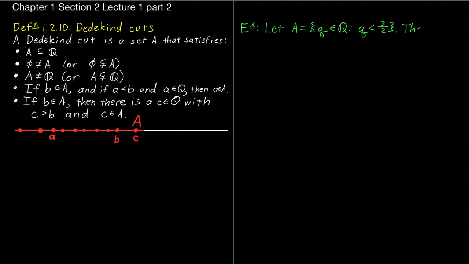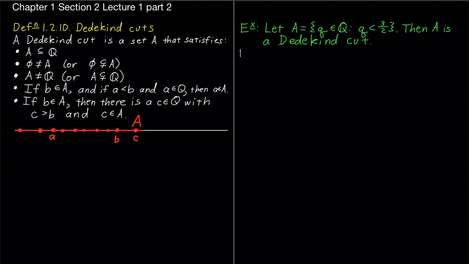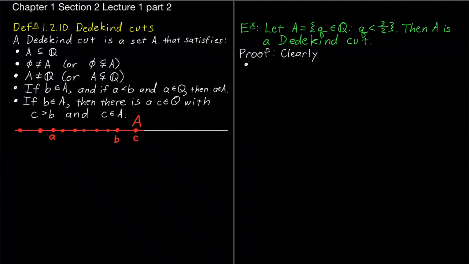Then A is a Dedekind cut, and this is not at all difficult to prove. Three of the axioms are obvious.